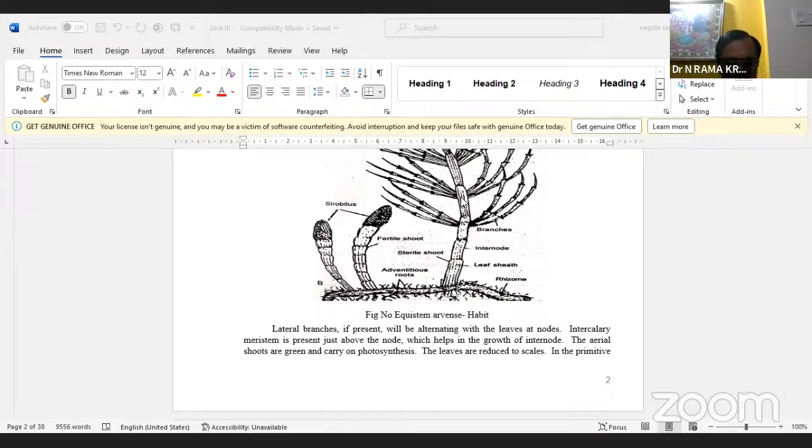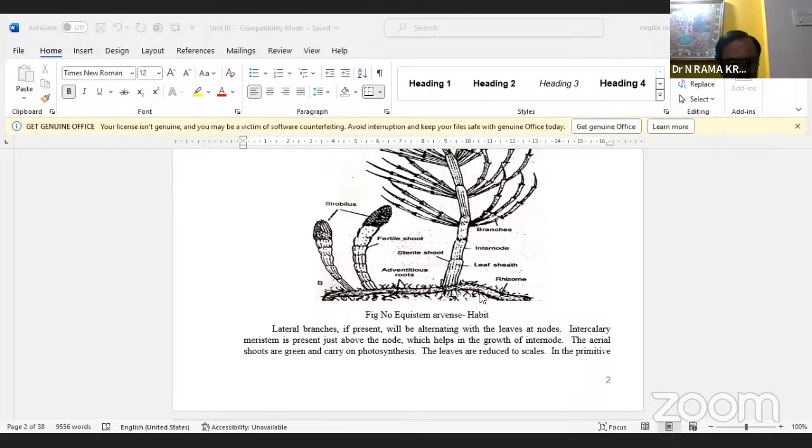Here you see the underground rhizome, and there is the aerial erect portion. Rhizome and aerial shoots have nodes and internodes. Rhizome is perennial and subterranean, growing horizontally below the surface of the soil.